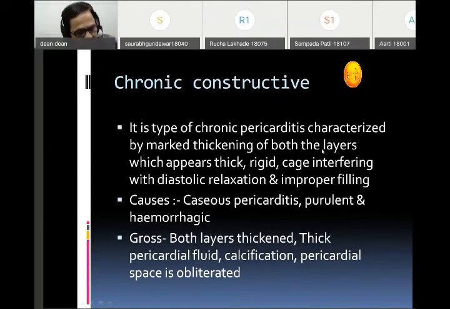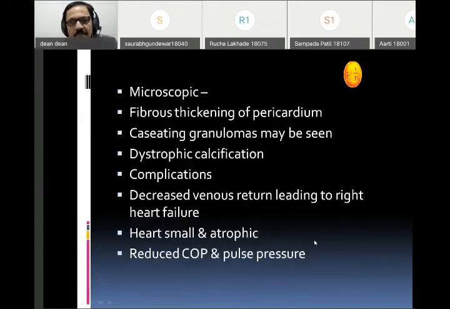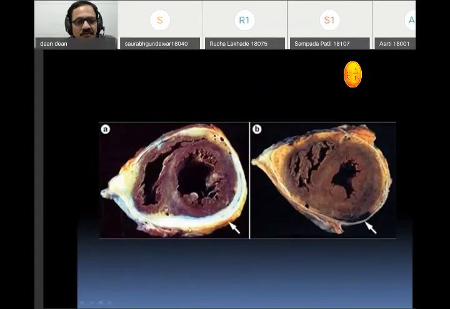There is severe, excessive fibrosis which will become thick and rigid, just like a cage, and it will interfere with diastolic relaxation, and there occurs improper filling. If you see this diagram, you can see that this is a thickened layer, just like a cage.